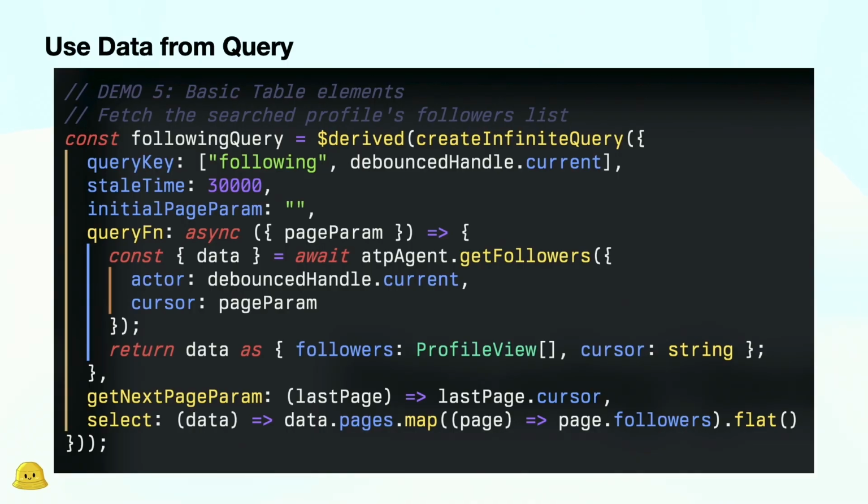We added some stale times here so that we don't keep refetching every time. The stale time makes sure that everything is fresh. And we have some infinite query options like initialPageParam, getNextPageParam, as well as select, which makes the data flat.